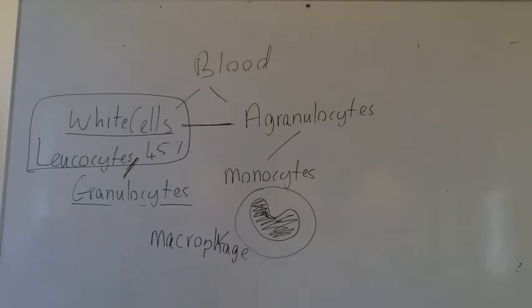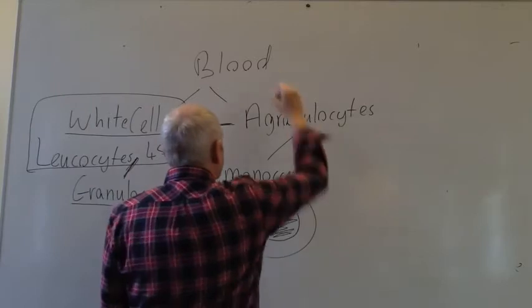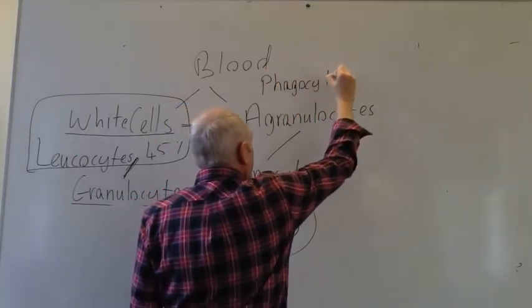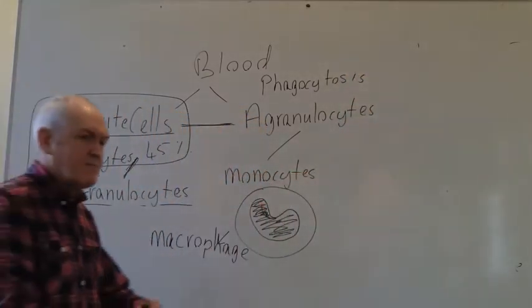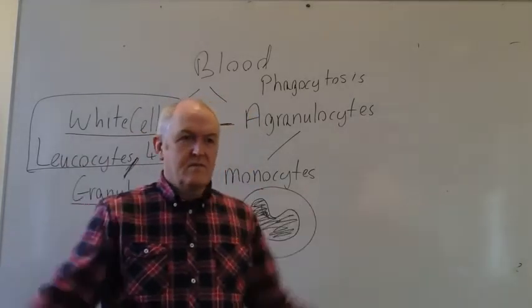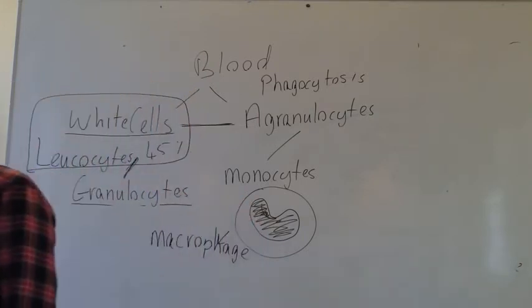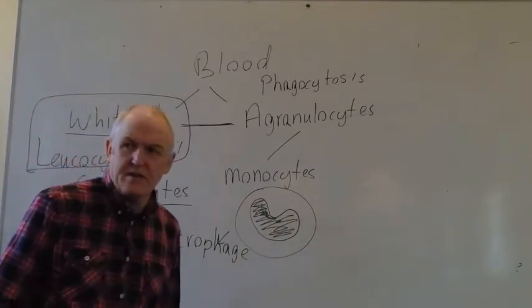Do you remember that one? Phagocytosis. Cell eating. They're very good at phagocytosis. They become absolutely colossal in the tissues because they eat so many bacteria and dead tissue cells. They become positively huge. Great big macrophages going around in the tissues, scavenging any bacteria that they come across.